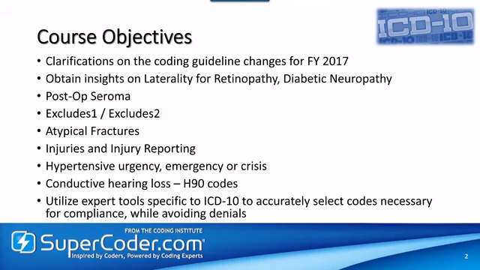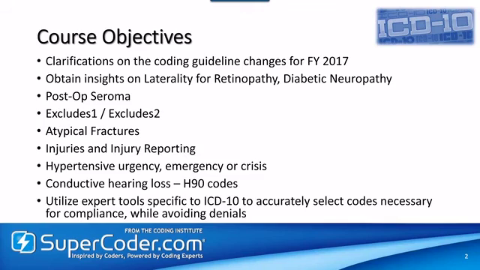As you all know, October 1st is right around the door. We're going to learn today how we can obtain clarifications on the coding guideline changes for the fiscal year 2017. We'll obtain insights on laterality for retinopathy, diabetic neuropathy. We'll have an understanding of post-op seroma.